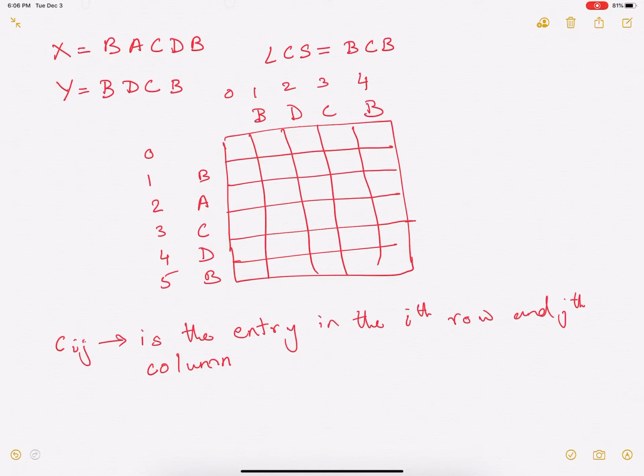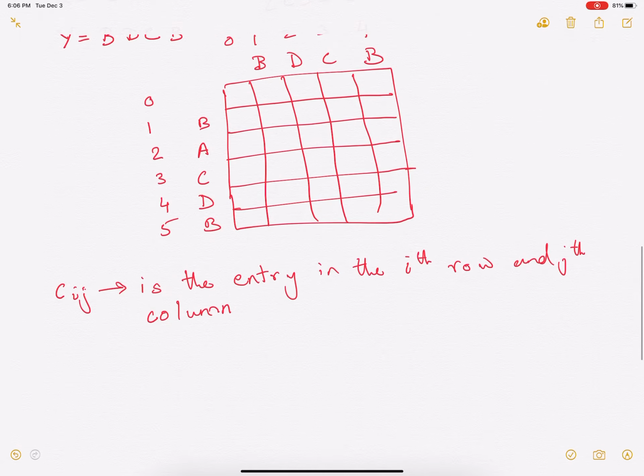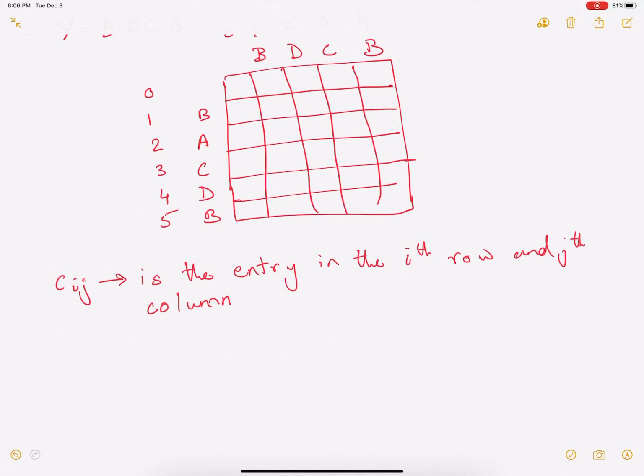Now Cij captures the length of the longest common subsequence between the two strings xi and yj. Okay, so let me explain that.